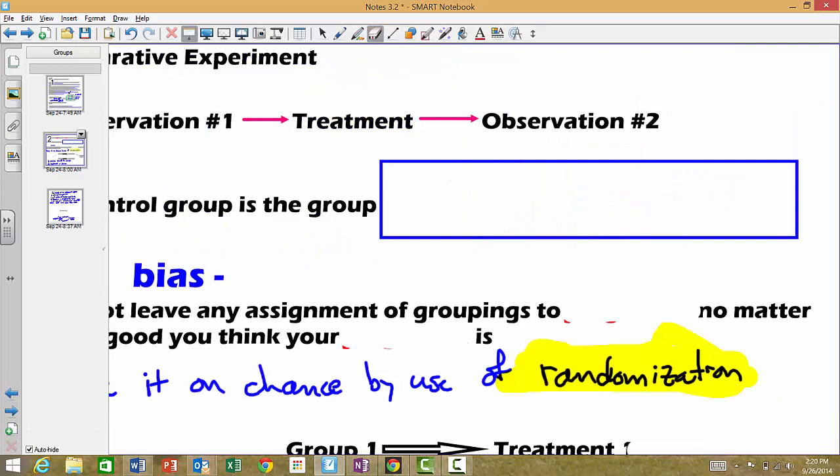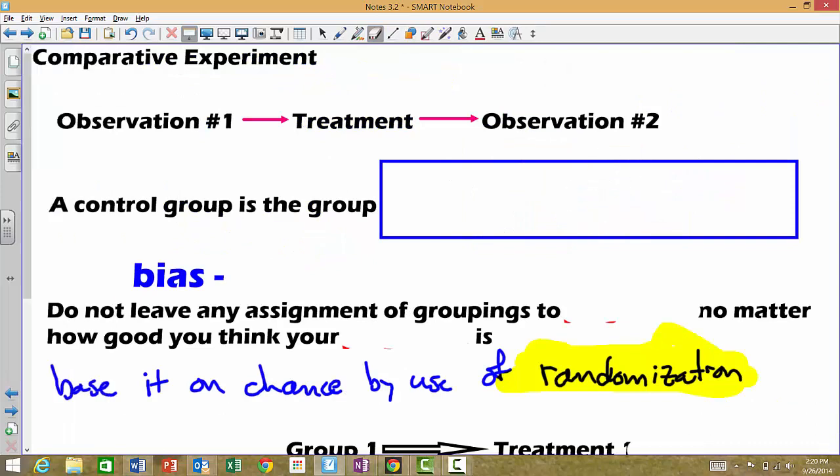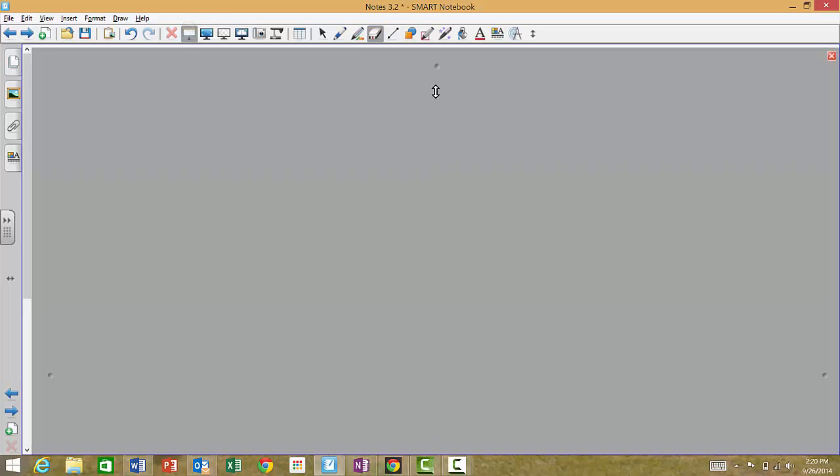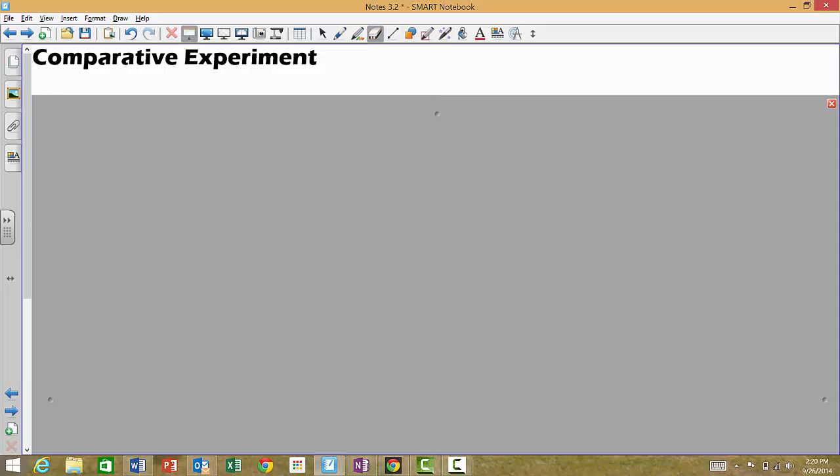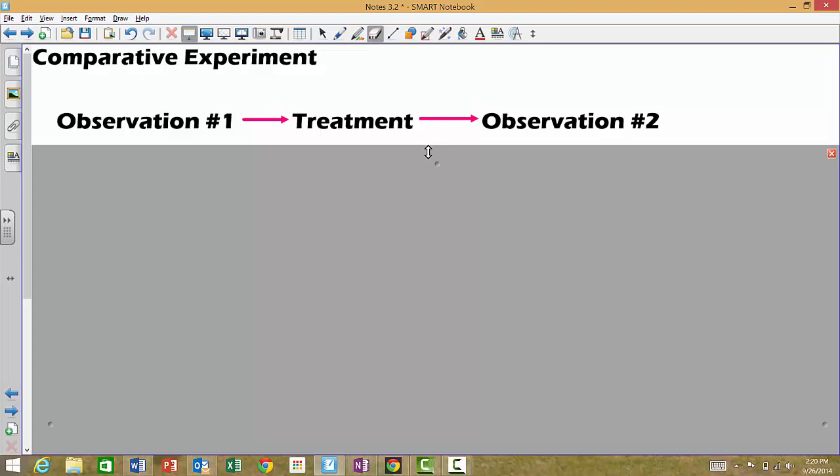Now, the next part, comparative experiments. Okay, and a comparative experiment is really what we're going to deal with a lot in this chapter. And for a comparative experiment, we take one observation, maybe we weigh everybody. We impose a treatment, we either give them a diet pill or a placebo, and then at the end of the study, we observe again. Okay, so we take the first observation, we impose a treatment, we take a second observation to determine if there was any change caused by the treatment.